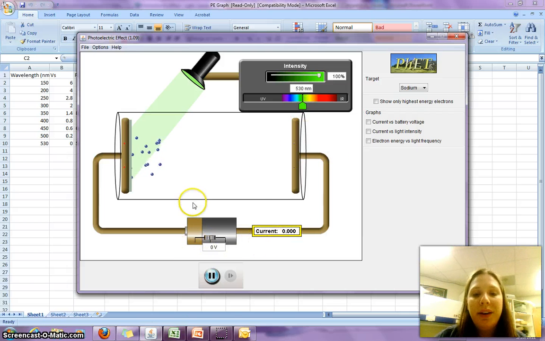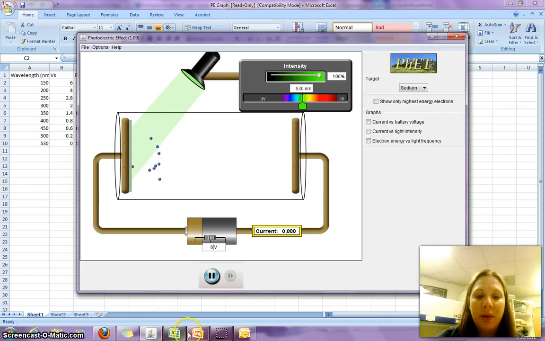So there is a minimum frequency. It's called either the threshold frequency or the cutoff frequency that is required in order to allow electrons to jump off of a surface and therefore be collected by the collector and form a current.